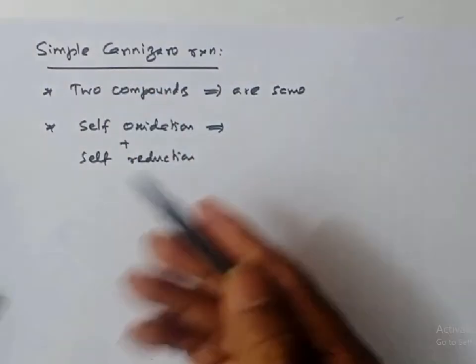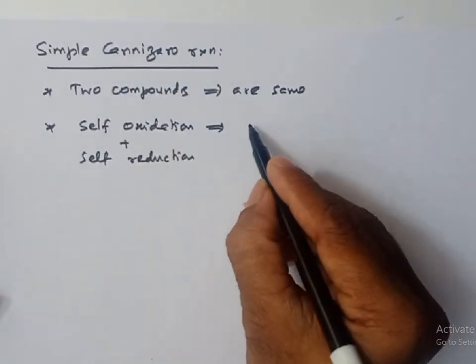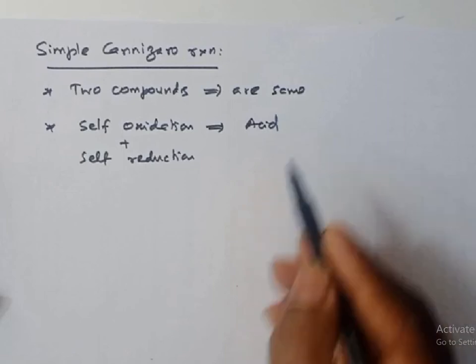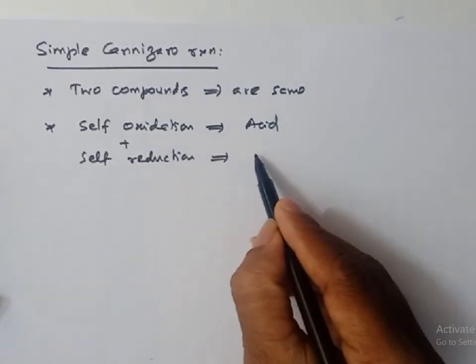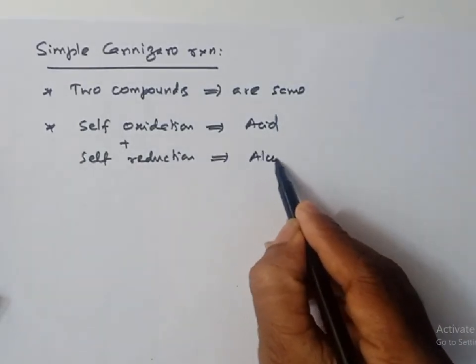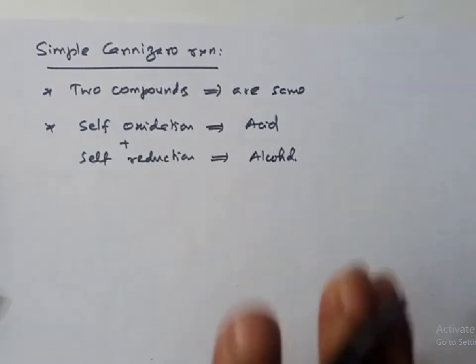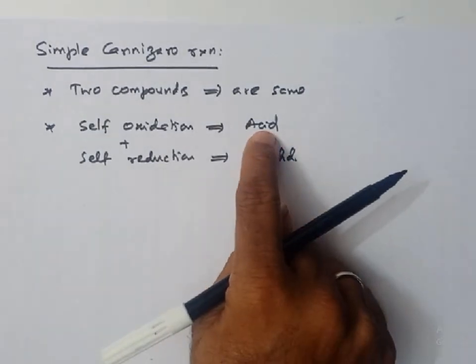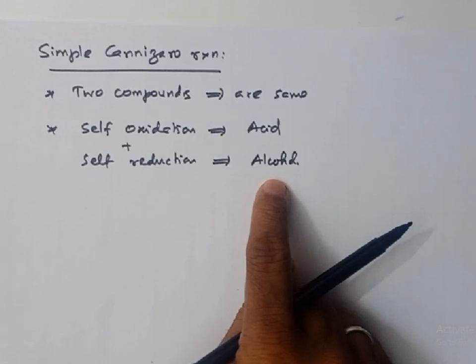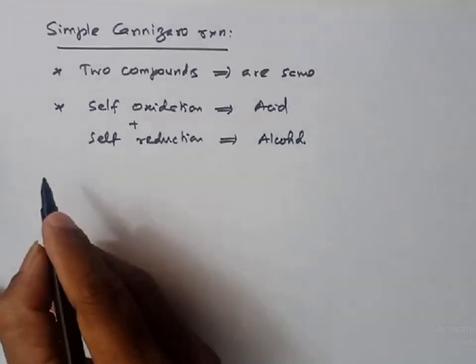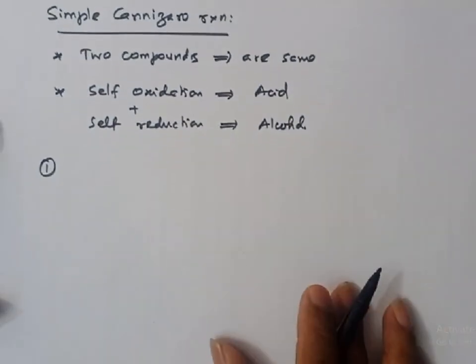We are taking aldehyde. Because of self oxidation, you will get the acid. Because of self reduction, the other aldehyde will form alcohol. So remember, in Cannizzaro reaction, one product should be acid, the other product should be alcohol. Remember this point.